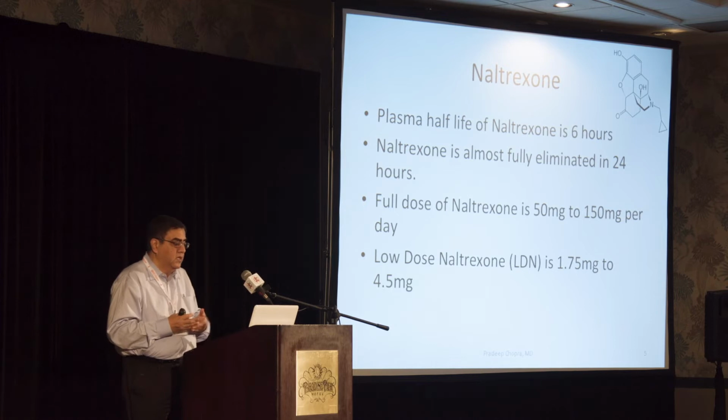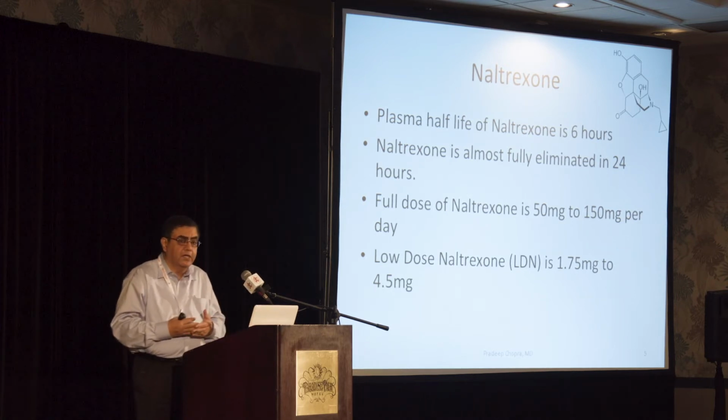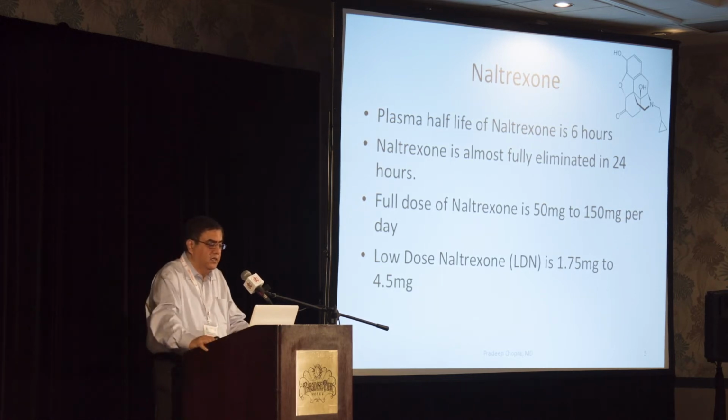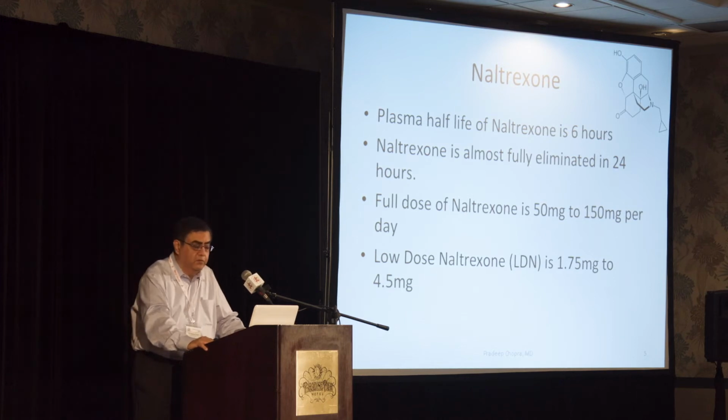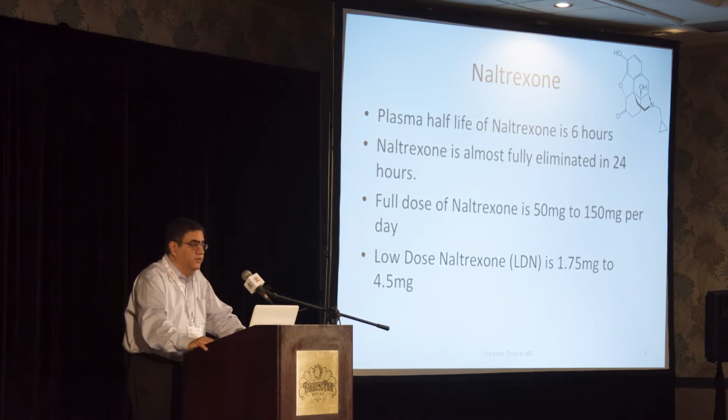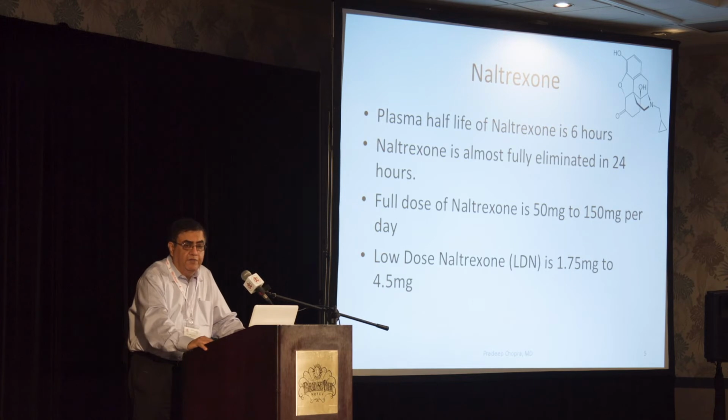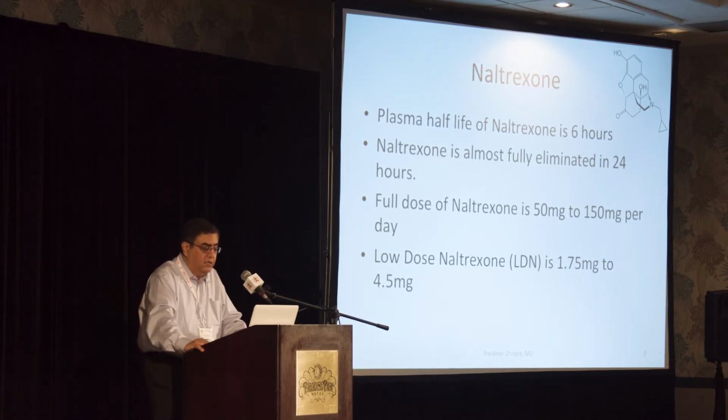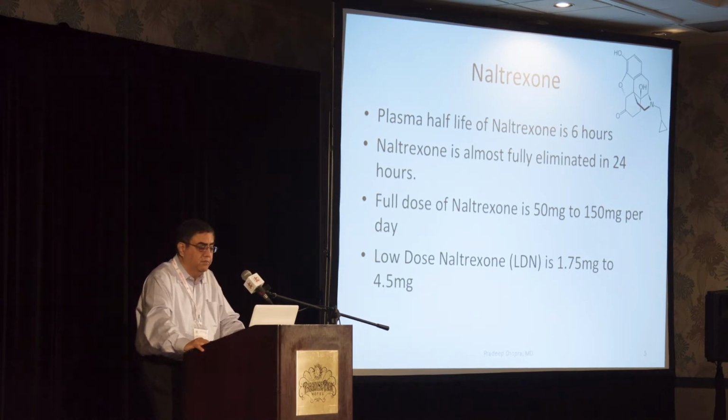In other words, in 24 hours, which is 4 times the half-life of a drug, the drug is completely eliminated from the body. So if a drug had a half-life of 2 hours, then in 8 hours it would be completely eliminated. In the case of naltrexone, it's 6 hours, and in 24 hours it's completely eliminated.